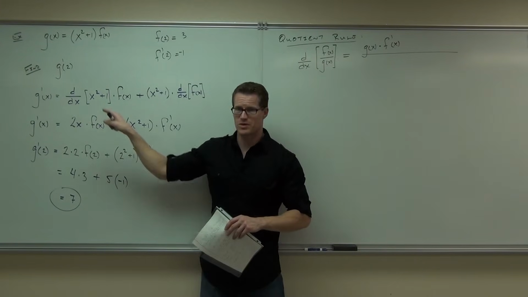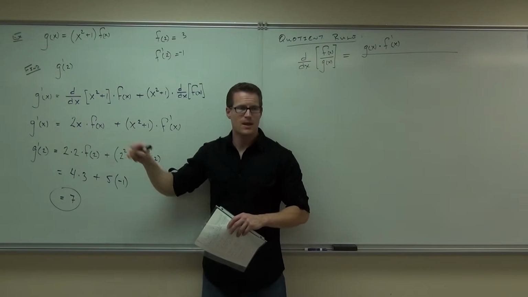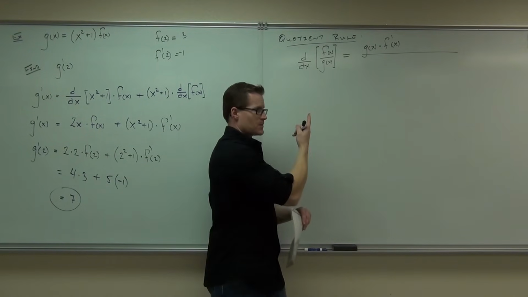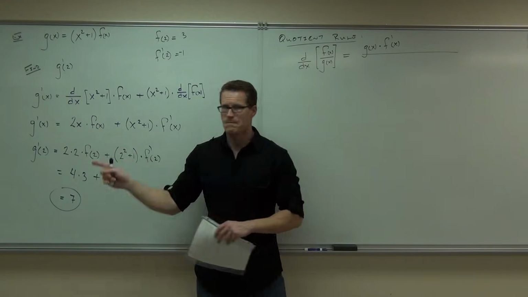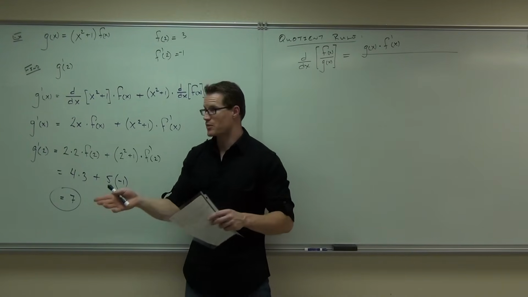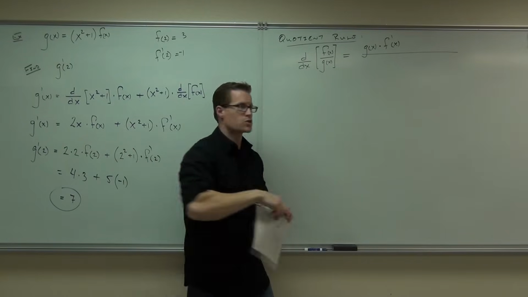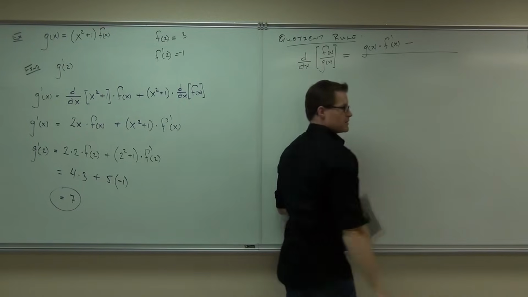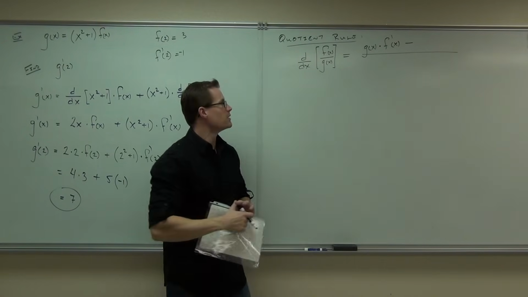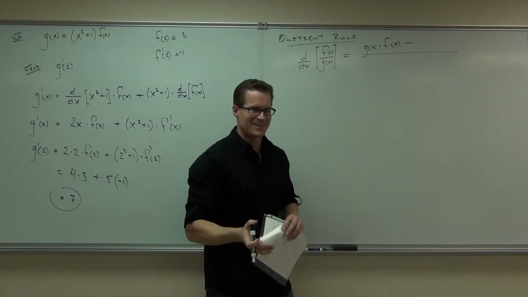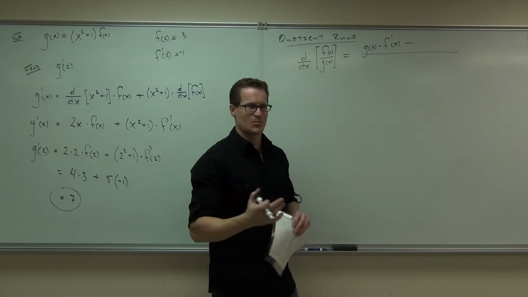Product meant plus, right? P with P. What's the opposite of a product? A quotient. What's the opposite of a plus? A minus. So what are we going to use here, a plus or a minus? Minus. Okay, it's not very mathematical, but that's the way you remember it. Product with plus. Quotient has a straight line, so quotient has another straight line. Quotient minus, that's how I remember it. Actually, I remember it because I've done this so many times, I can't forget it. It's stuck in my head like jingle bells.